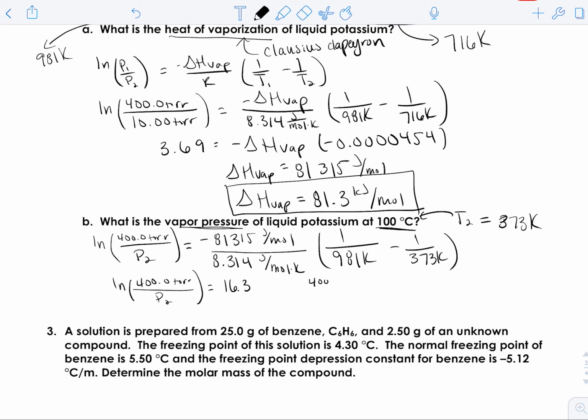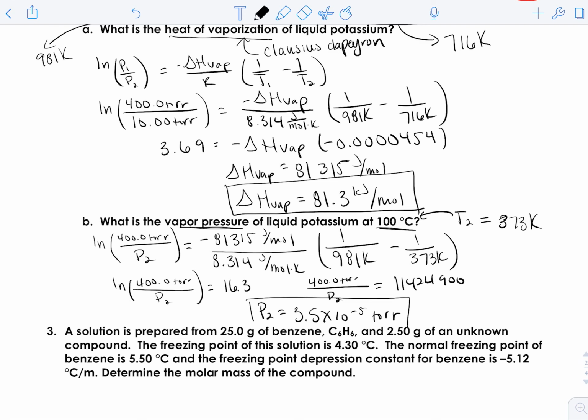So I'll have 400.0 torr divided by P2 is equal to 11,424,900. And then when I solve for P2, multiply P2 by both sides, divide both sides by 11 million, basically, and we get a P2 value equal to 3.5 times 10 to the negative 5 torr.